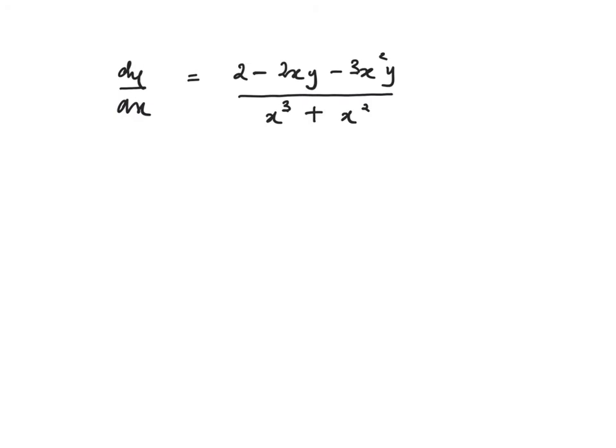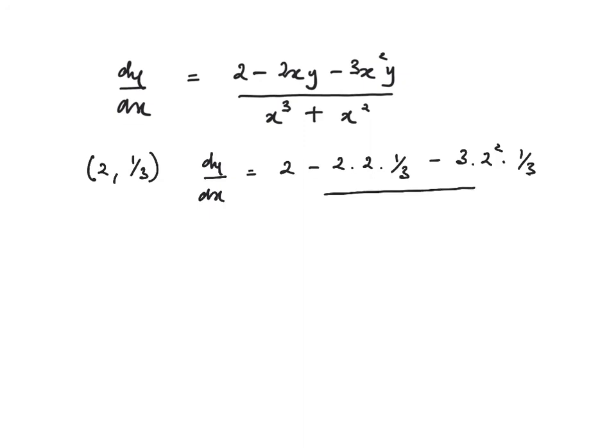What we want to do is to work out the equation of the tangent. So using the point (2, 1/3), dy by dx equals 2 minus 2 times 2 times 1/3 minus 3 times 2 squared times 1/3 over 2 cubed plus 2 squared.